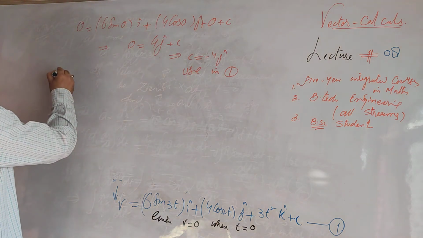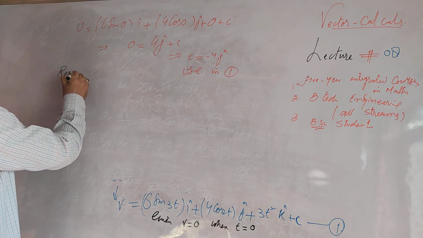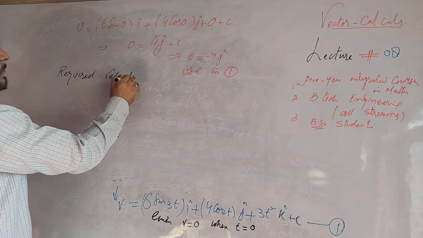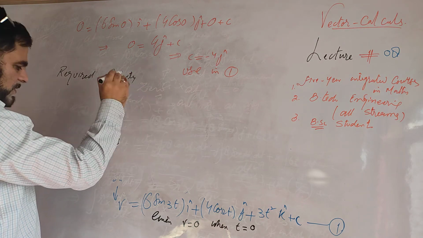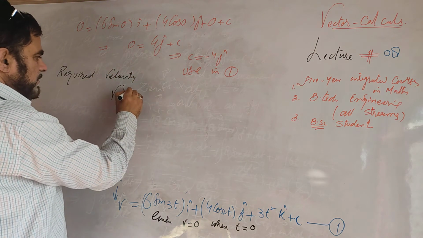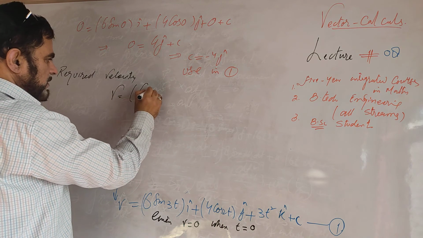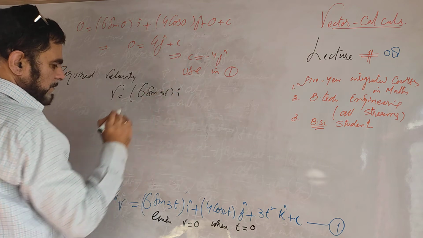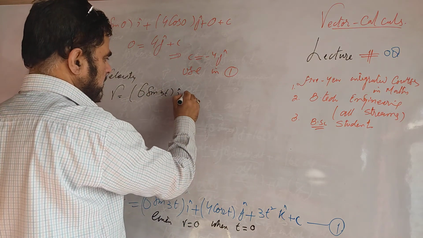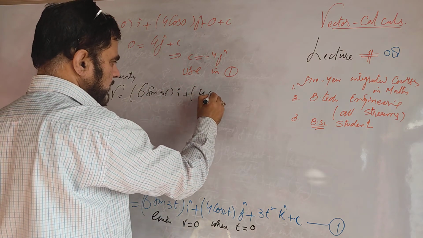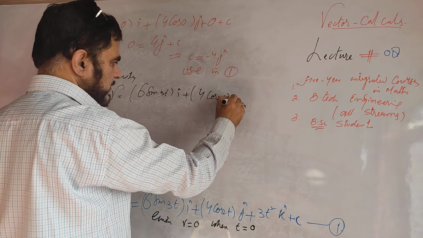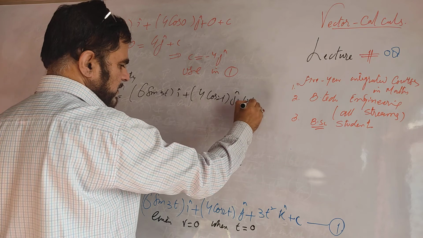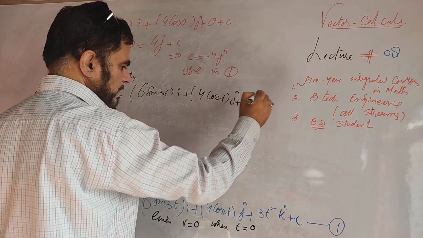So the required velocity is v equal to 6 sine 3t i plus 4 cos 2t j plus 3t square unit vector k.